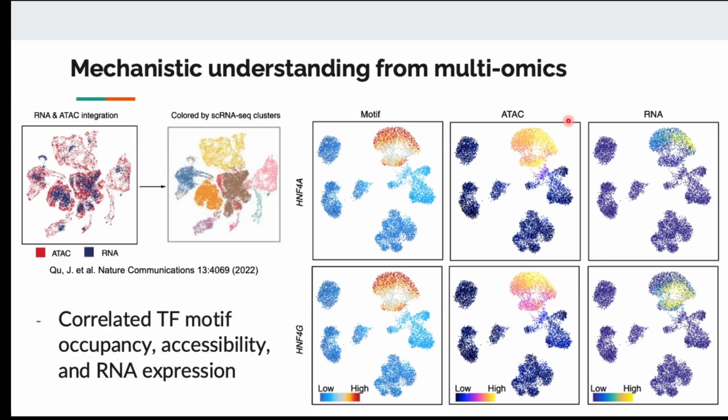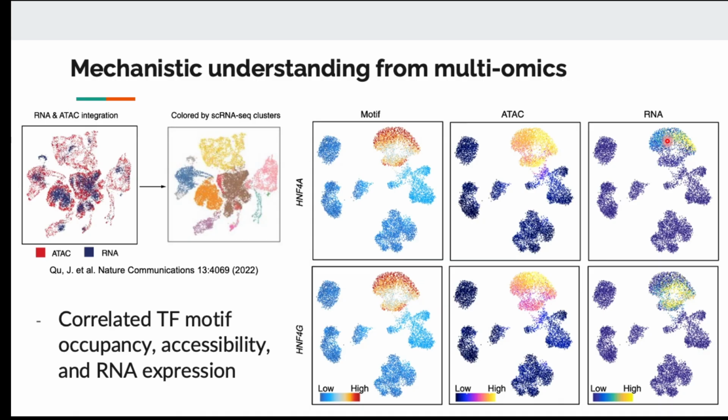So if you can correlate this information, you not only observe the change in gene activity, you know the cause of the increase in gene activity, which is an increase in accessibility and maybe also increase in transcription factor binding. So by combining data across different layers, you have the explanation that goes along with your observation.